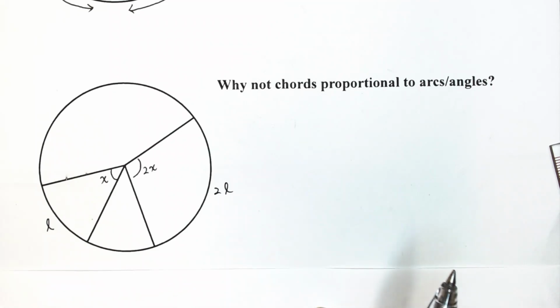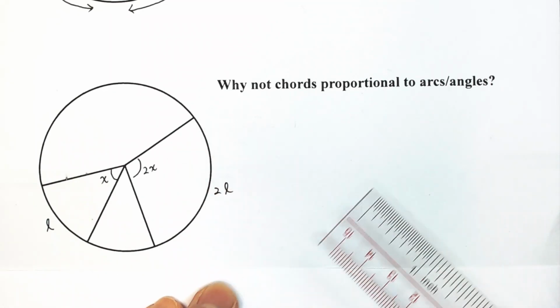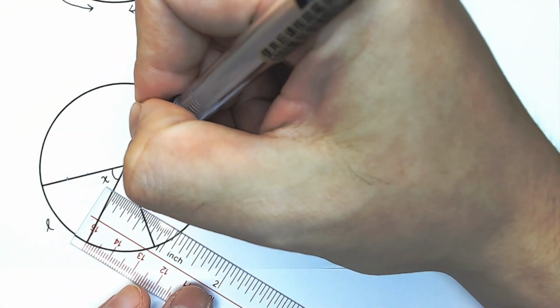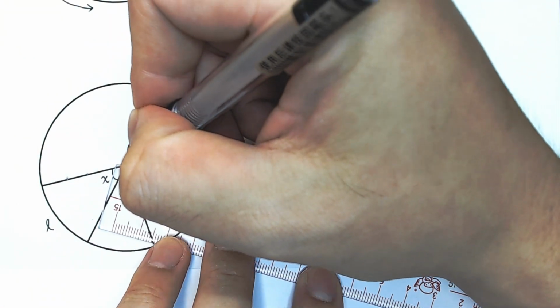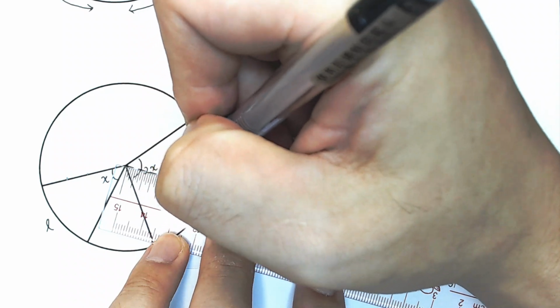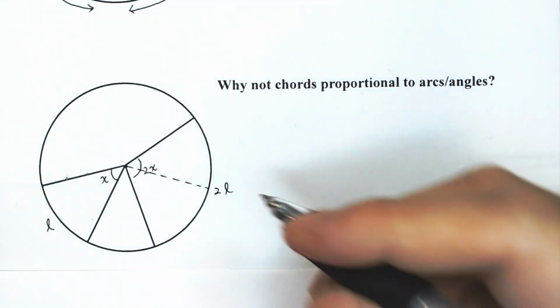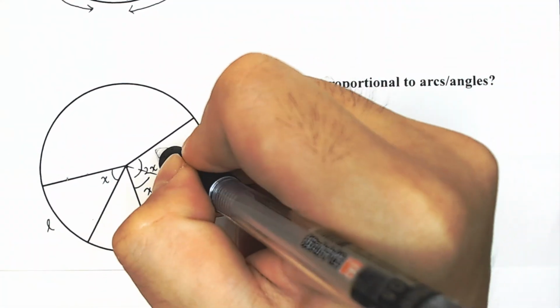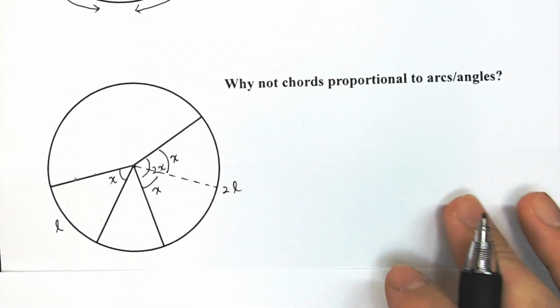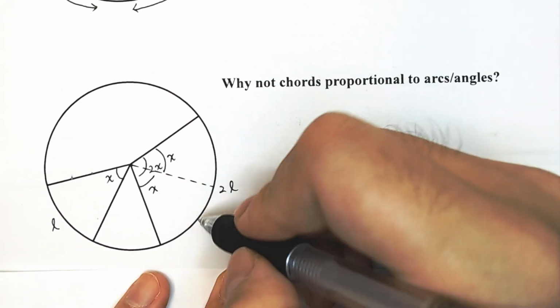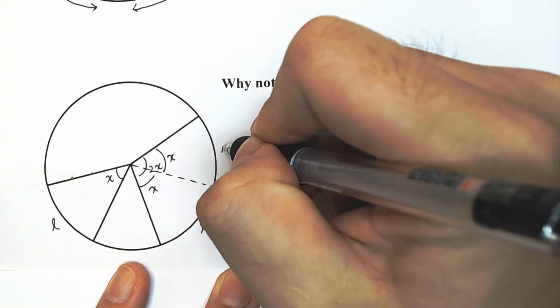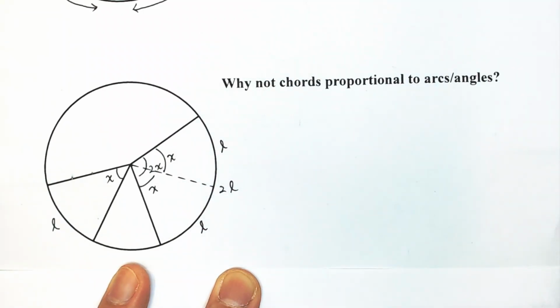And if I dissect this sector with the angle 2x into two smaller sectors with angle x, then each of these sectors should have the arc length L, isn't it?